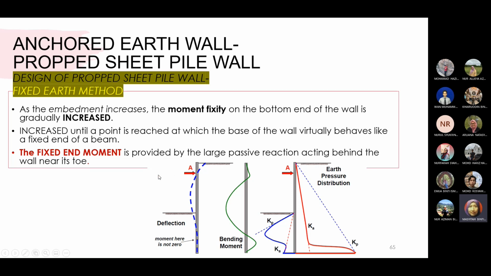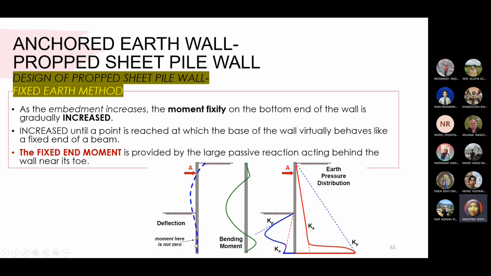As usual, you kenakan forces ataupun some prop or anchor at A here, dia akan produce to you deflections. But the deflections untuk fixed end wall kat sini, you akan nampak at this point, the moment is not equal to 0.